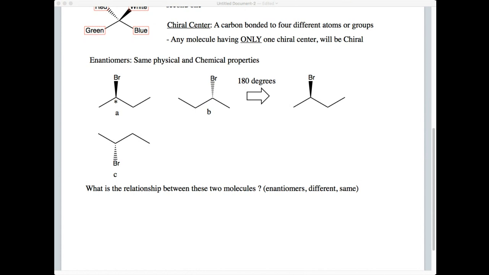Some divided opinions between same and enantiomers, although most people are saying it's the same molecule. So still 24 more people to answer. Just hurry up, guys, answer the question.